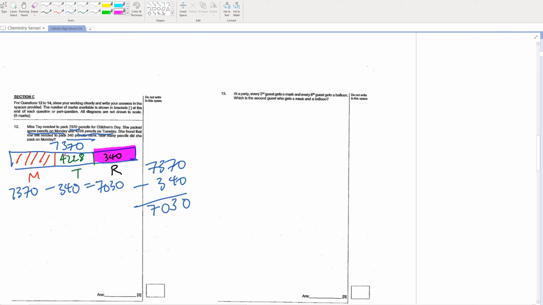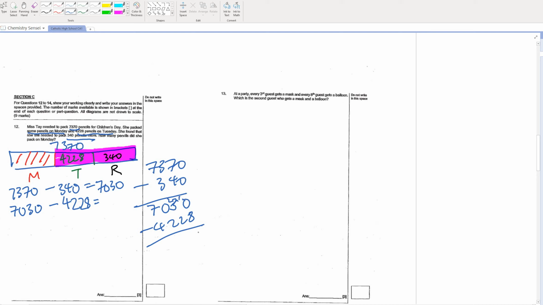Okay, similarly, we have to remove Tuesday as well in order for us to find Monday. Okay, so we have 7,030. We minus away Tuesday, which is 4,228. Okay, let's do our working. 0 cannot minus 8, so we have to borrow from 3.